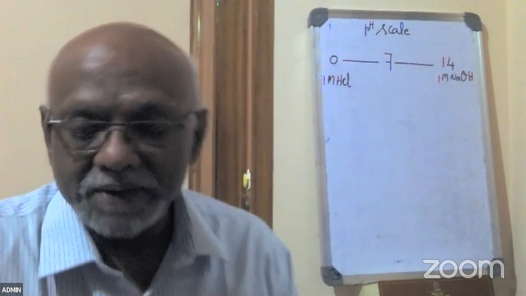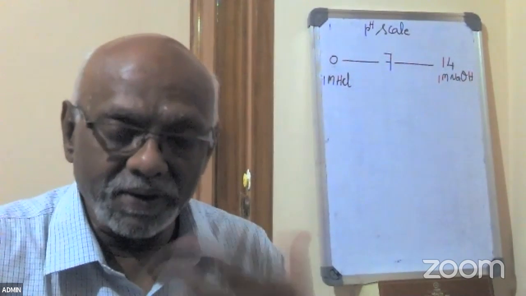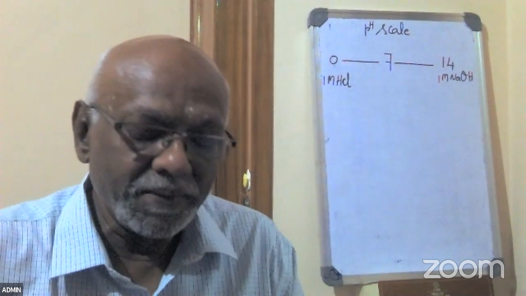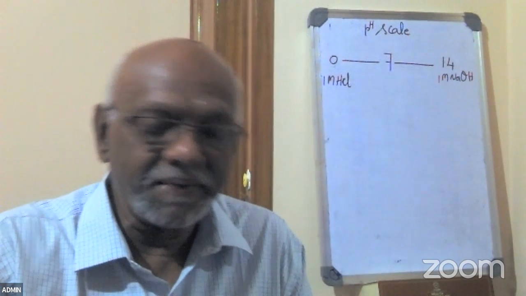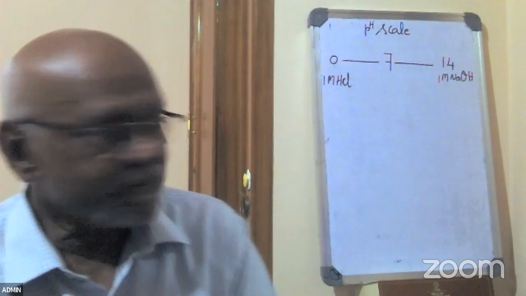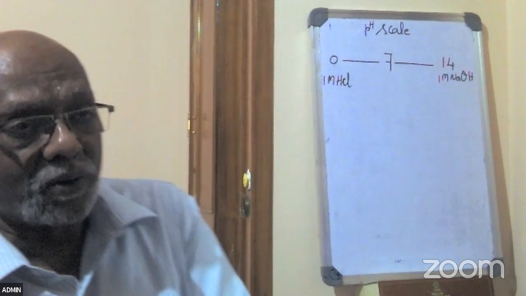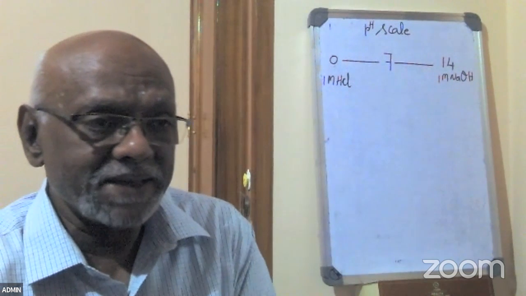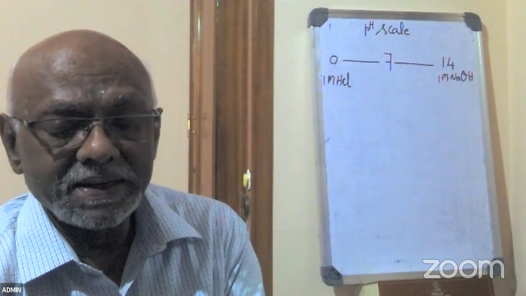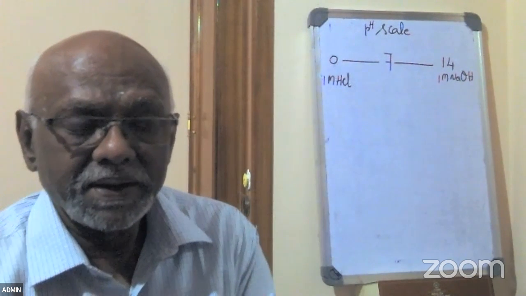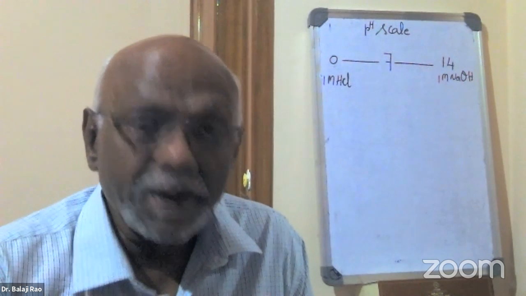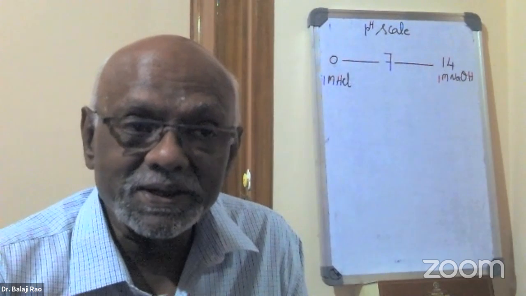Now we go a little further. Again, we are going in a retro mode, going back a little and then coming forward as usual. There I had left a small graph-like thing on the board for you. I had put a pH scale there from 0 to 7 to 14, where I said 7 is neutral pH. This neutral pH is the pH of pure water. I'm stressing on this word, pure water.